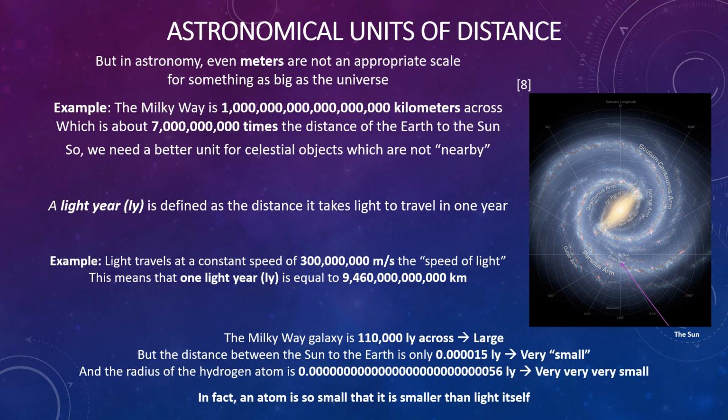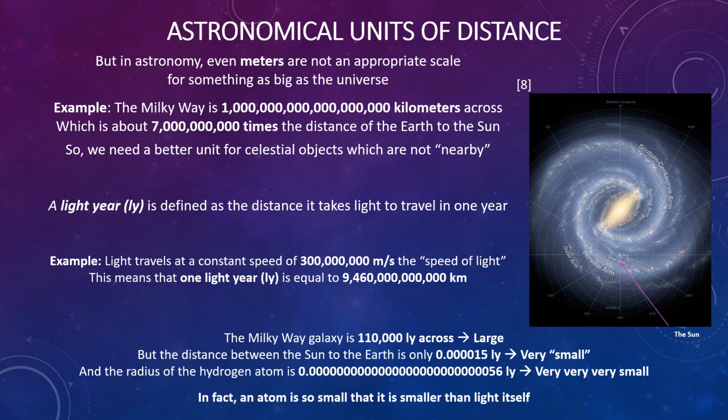So, 7 billion AU across the Milky Way. We're going to need a better unit for objects that are this large and not nearby. So we're going to describe things in terms of light years. That is the distance it takes light to travel in 1 year.